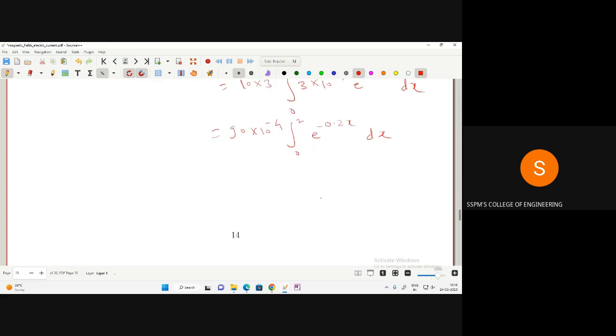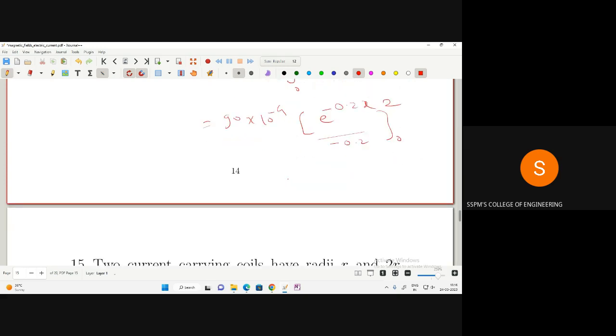Integration of e to the power minus 0.2x का येणार 90 into the power minus 4. The integration is e to the power minus 0.2x divided by minus 0.2, limit 0 to 2. And solve it.